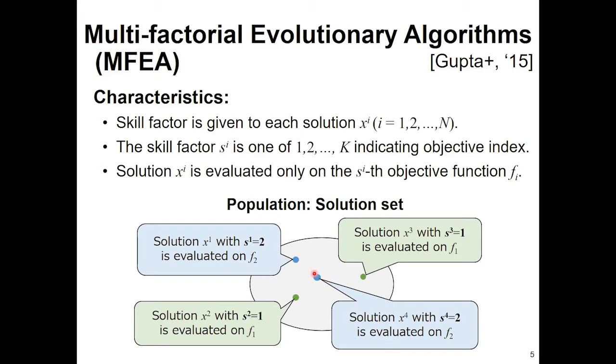If solution x1's scale factor is 2, it is evaluated only on f2. If solution x2's scale factor is 1, it is evaluated only on f1. Other solutions are the same. In this way, each solution is associated with an objective function by using the scale factor.